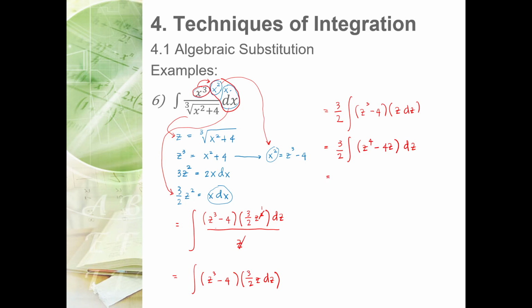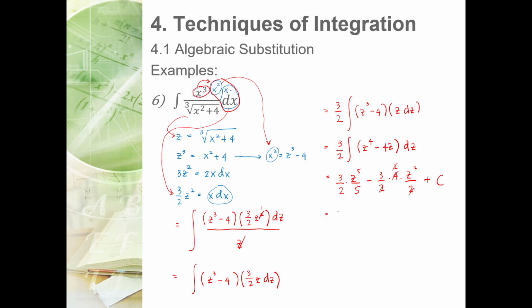So we can now integrate. 3 halves times z to the power of 5 all over 5, minus 3 halves times 4 times z squared all over 2, plus c. Cancel out 2, cancel out 2.